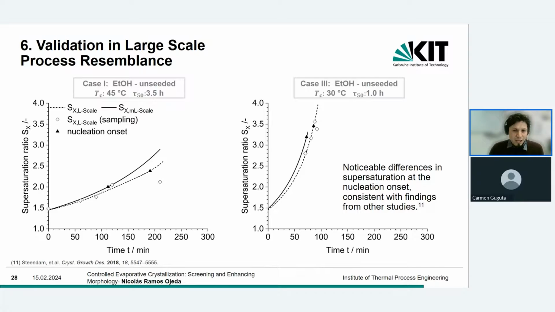It has been evidenced in several studies. If you are interested in one of them, you can visit this publication. And we need to take this into account when we analyze the crystal morphology after the crystallization and during the crystallization.